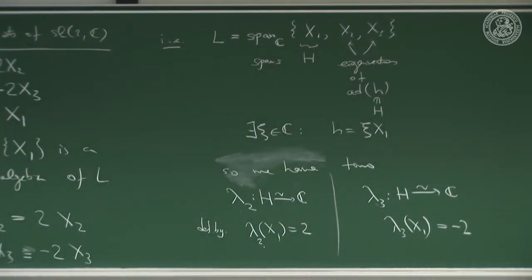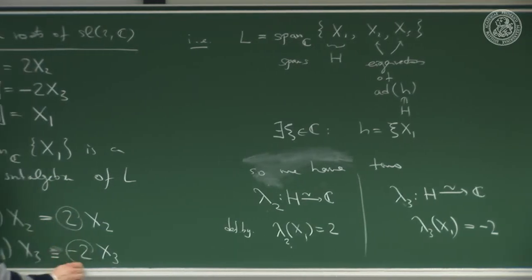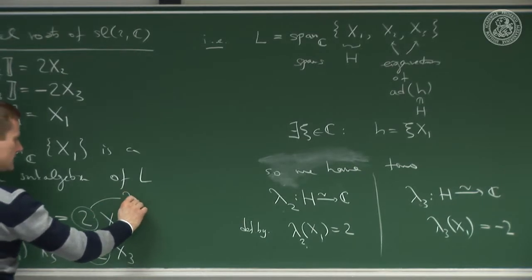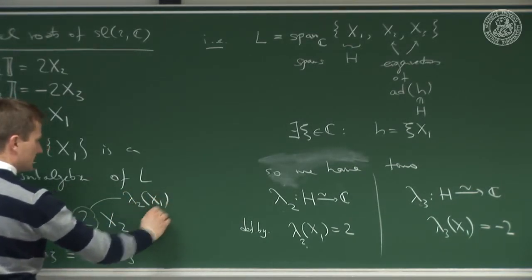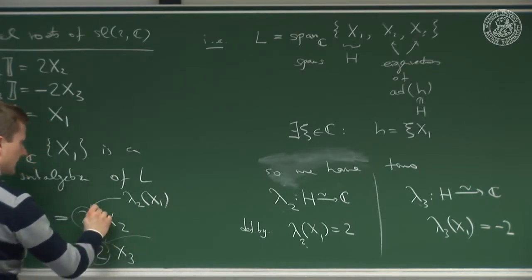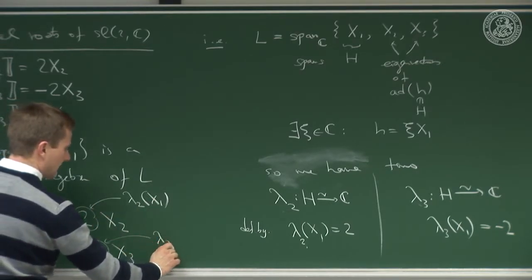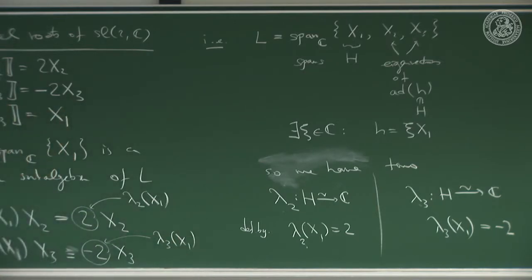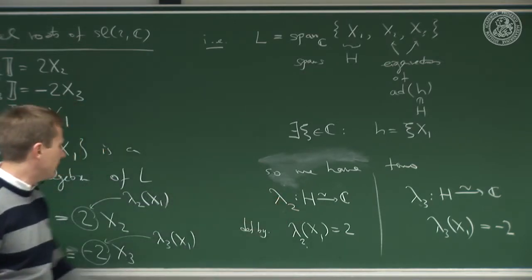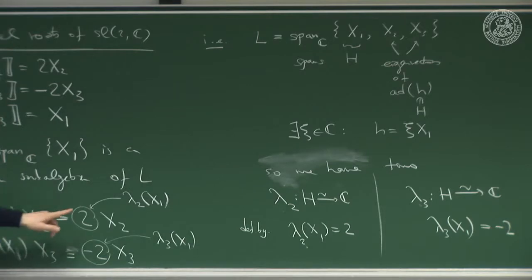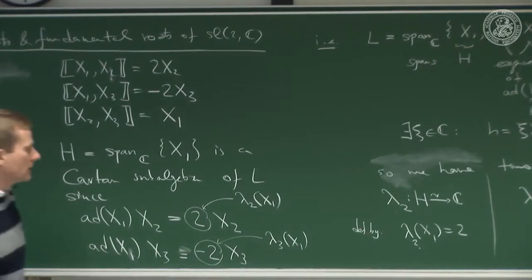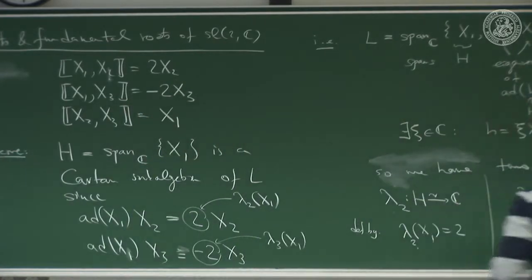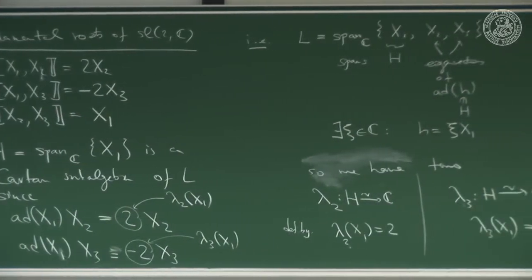So the 2 and minus 2 here, we secretly, or not so secretly, think of as lambda 2 of x1 and lambda 3 of x1. It's the evaluation of these linear functionals at x1, which is the x1 from over here. Okay? Good. If you compare this to the general theory, you know why we do this.